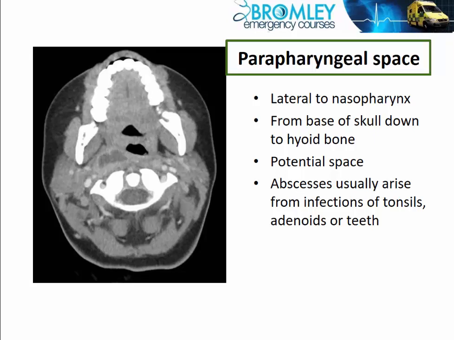At the bottom of it is the hyoid, and it's described as like an upside down pyramid, with its point at the bottom on the hyoid bone and its base up on the skull above. And it sits to one side of the nasopharynx. It normally has nothing in it, it's just a potential space. But infection can get into this space, particularly from adenoid infection, upper teeth infections, tonsillar infections and so on, and form an abscess in this space like we've got here.